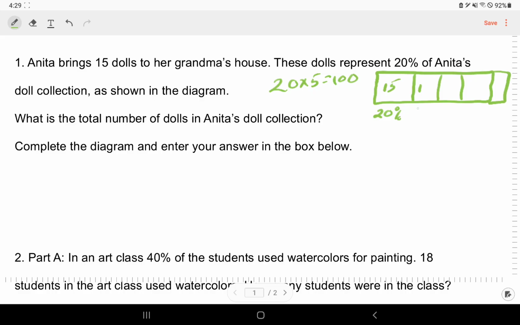And so each of these represents 20%. And since they're all equal, that means each section has 15 in it.